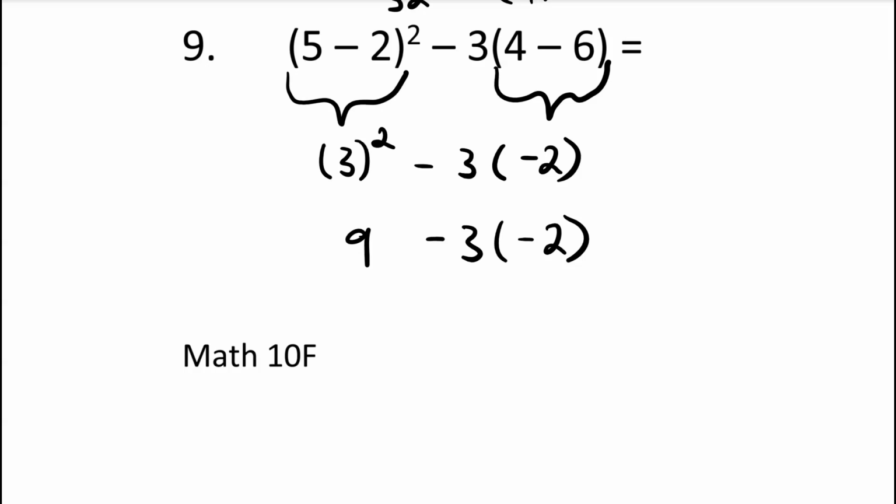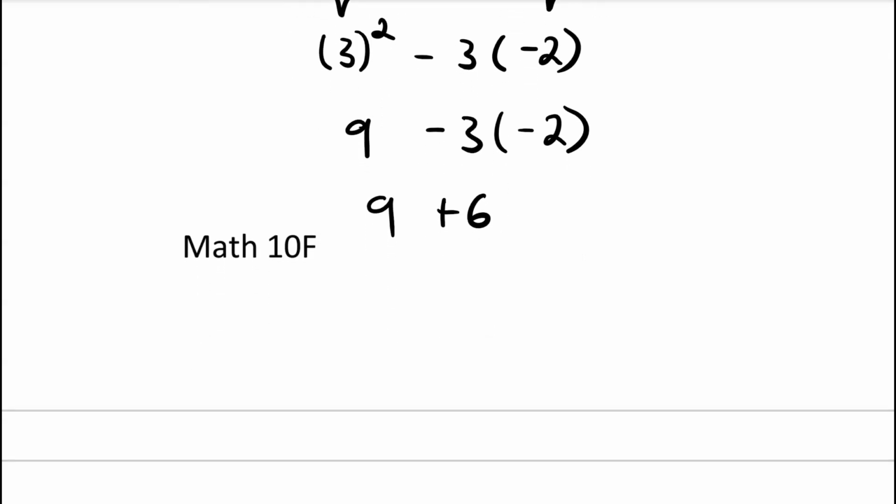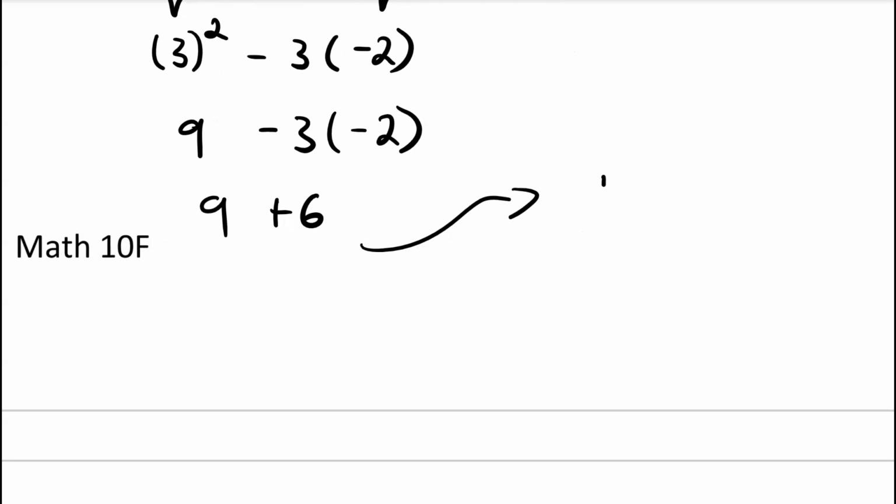We have multiplication of negative 3 multiplied by negative 2. Negative 3 times negative 2 will give us positive 6, because remember, if you have an even number of negatives, it becomes positive. Your last step is to do the addition of 9 plus 6, which gives us 15.